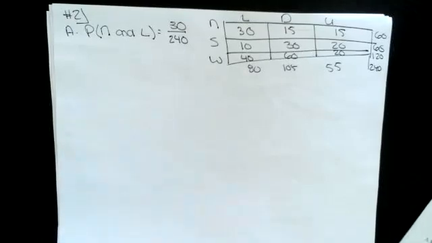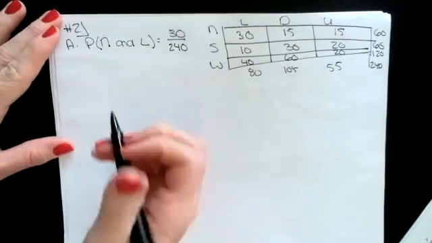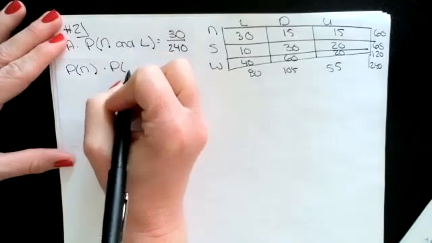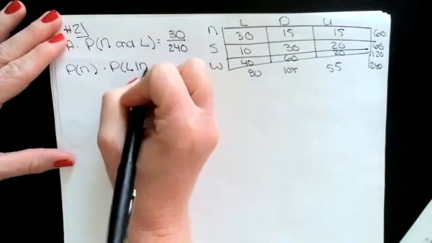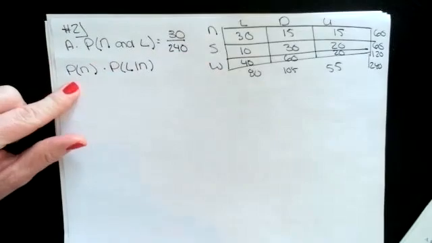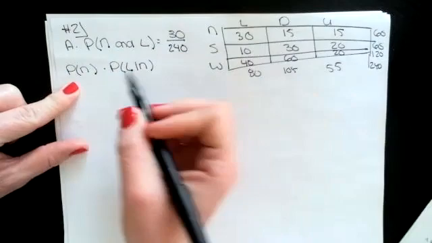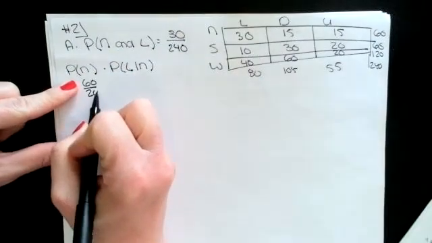Okay. Now, if you want to use this with a formula, you're going to multiply the probability of N times the probability of L given N has already occurred. So the probability of N, the northeast, is 60 out of the 240.